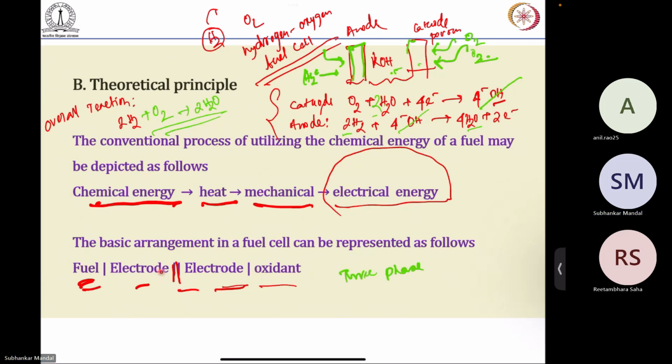right? One is the gaseous-solid interface, between the gas and the solid electrode. Then water and the electrode, that is the solid-liquid interface.